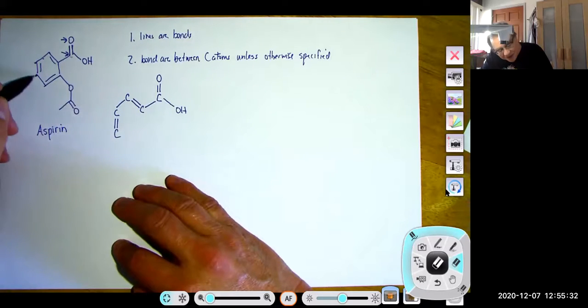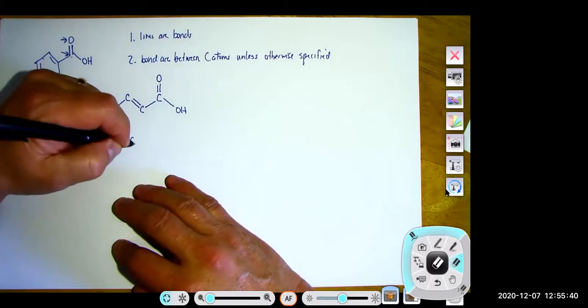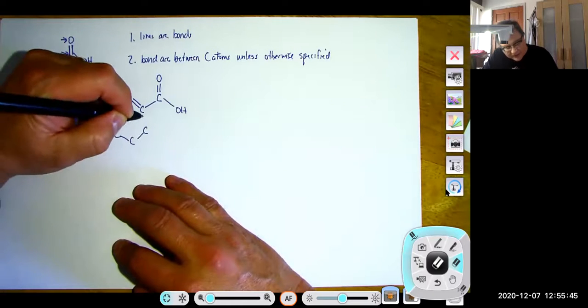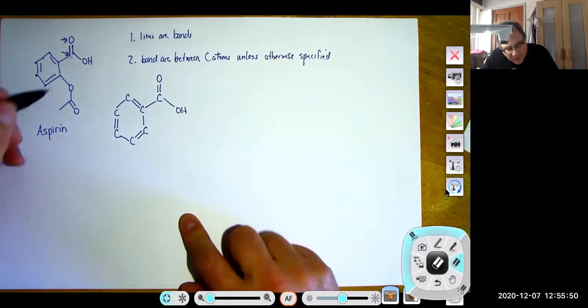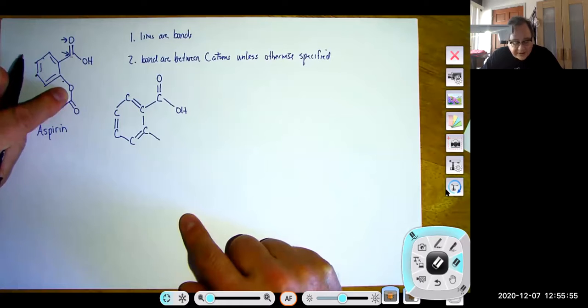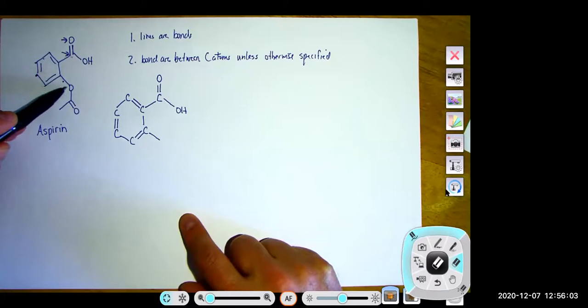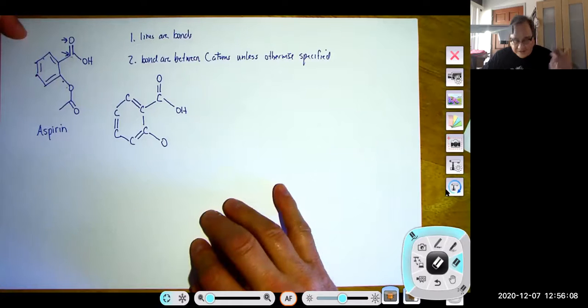And then the single bond goes to a carbon. You guys like this game? This game looks pretty simple, doesn't it? So we have all these carbons. Look at this bond. What does it go to? From carbon to what? Oxygen. How do you know it's oxygen? Because it's specified.